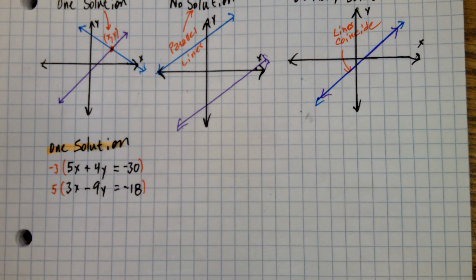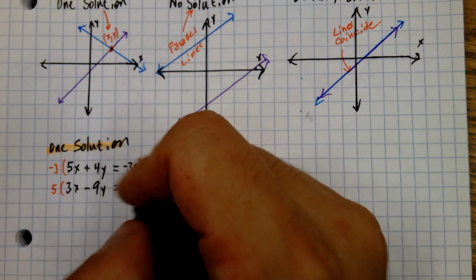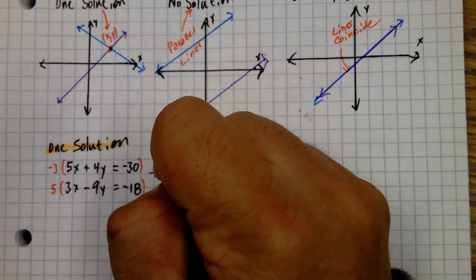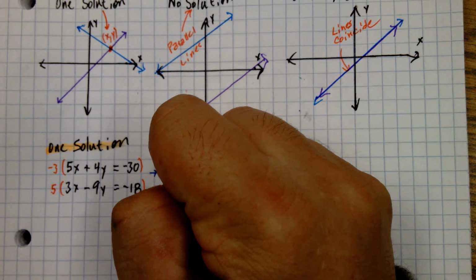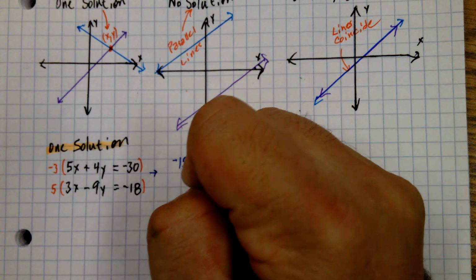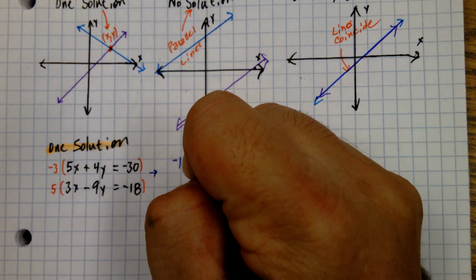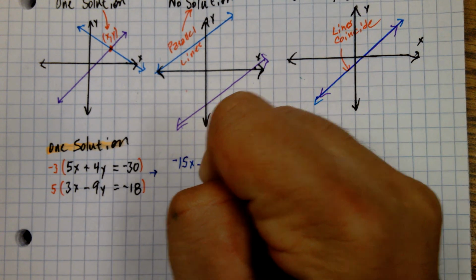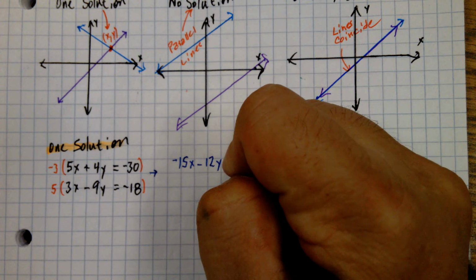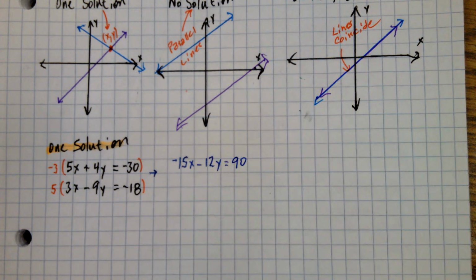All right. So solving this, we get negative 15x minus 12y equals 90. Okay.